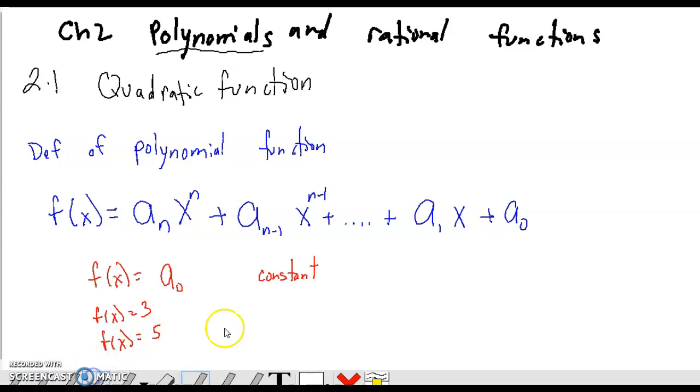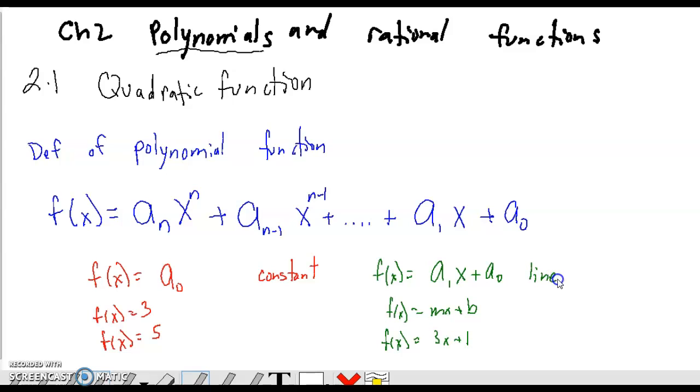If we have f of x is equal to a_1 x plus a_0, this is mostly known as your mx plus b form. Some examples would be f of x is equal to 3x plus 1, and these are all your linear forms because the highest degree is a power of 1.